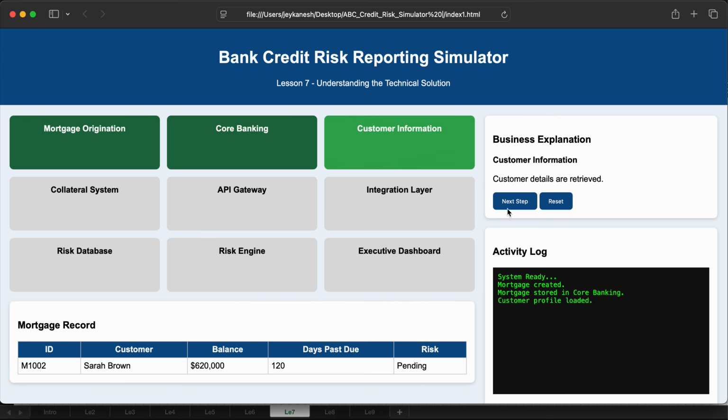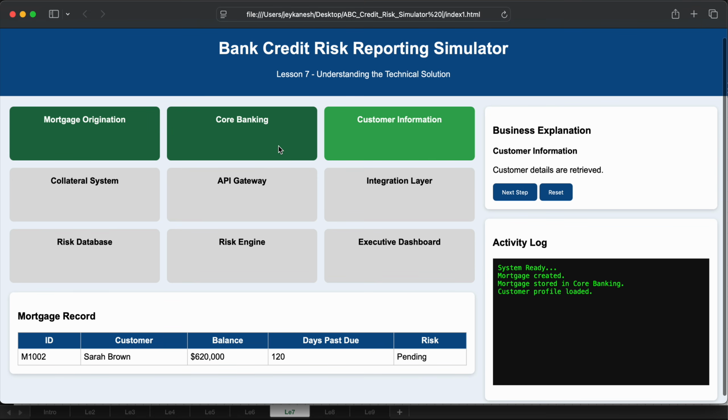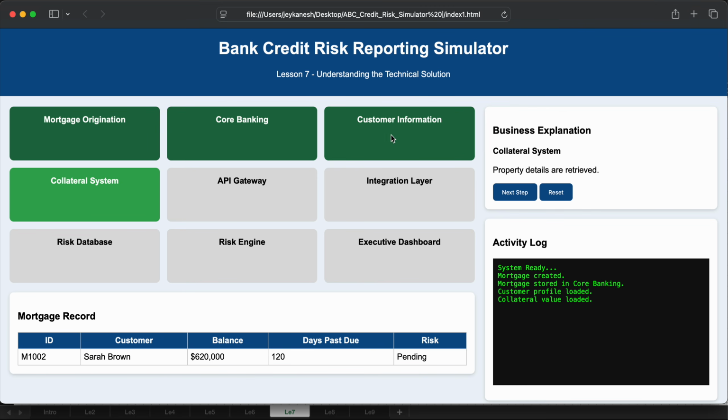Here we have customer information, because in our dashboard we need this, right? Customer demographics, that's why we need customer information. We need the mortgage amount and mortgage ID. That's why these systems are involved. Next, the collateral system. Then we combine all this data, because these are coming into the mortgage dashboard.